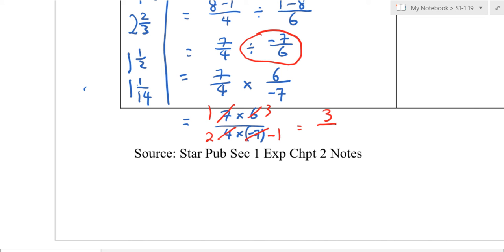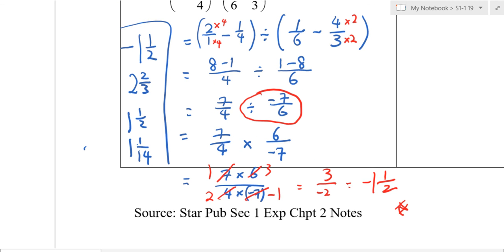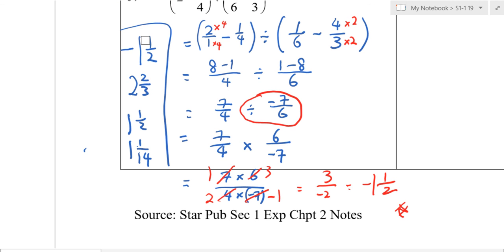Multiply 3 over negative 2. Negative 1.5. So only this is correct. Okay? Yeah, the whole thing is negative.